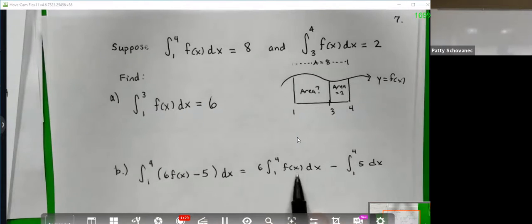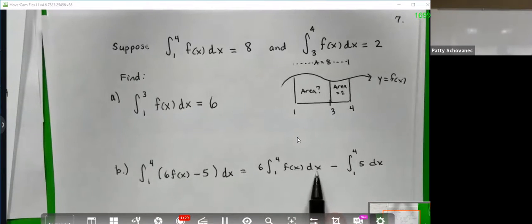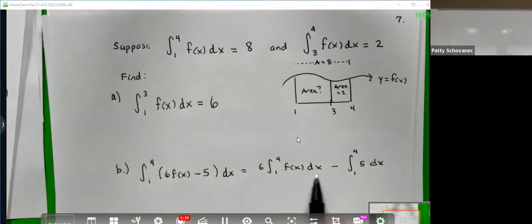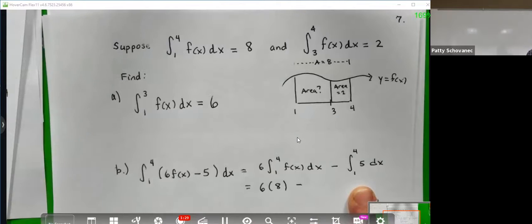We don't know f, but we do know the value of the integral without even knowing f. The value of the integral from 1 to 4 is 8. So this gives me 6 times 8. What about this next bit? What's the integral from 1 to 4 of 5?